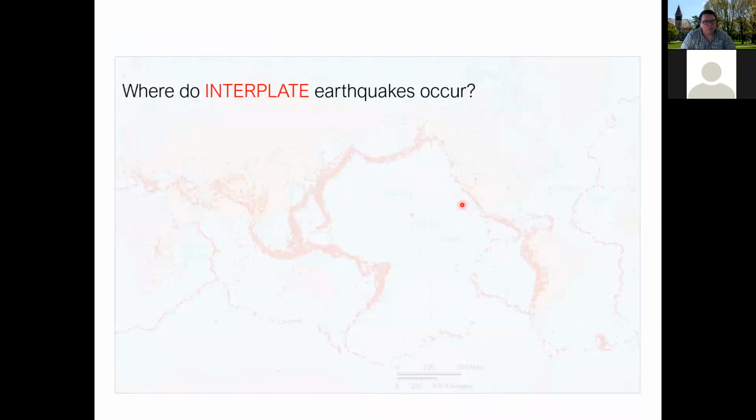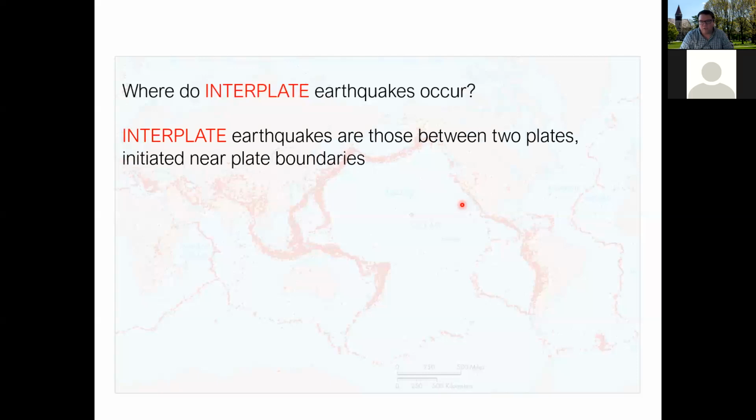So some general earthquake definitions. There are interplate earthquakes, and basically these are the ones that occur between two different plates. So in the case of San Andreas, where you have the North American plate sliding past Baja California, you can see there that that's an interplate setting where the earthquakes are between the two plates and initiate along a plate boundary.